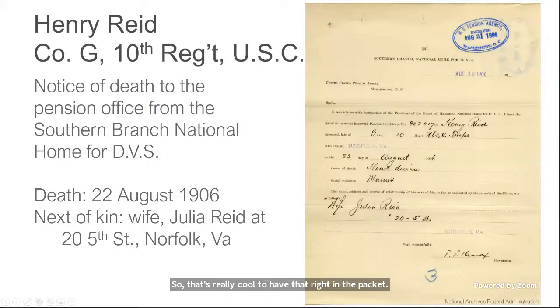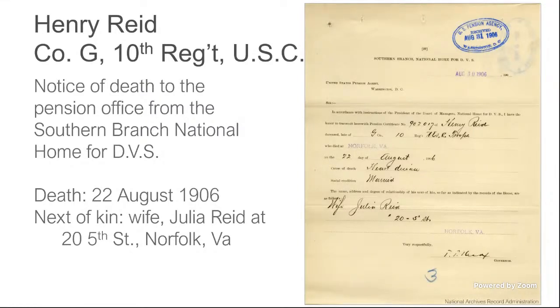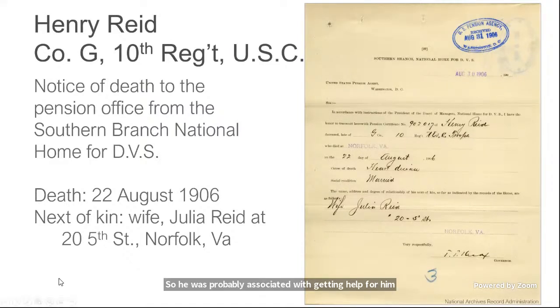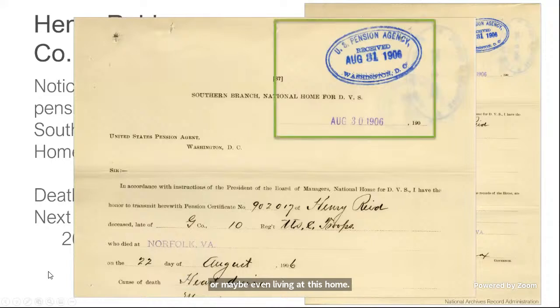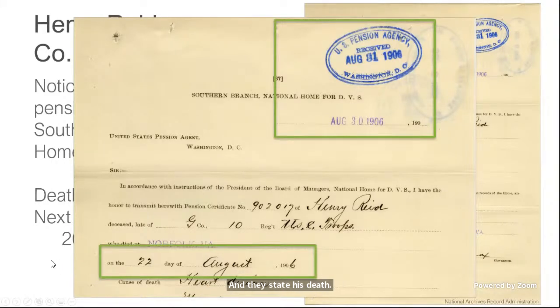But there's also this particular death certificate. This is a notice to the pension office from the Southern branch of the National Home for Disabled Volunteer Soldiers. So he was probably associating with getting help from, or maybe even living at this home. And they state his death right here as the 22nd of August, 1906.